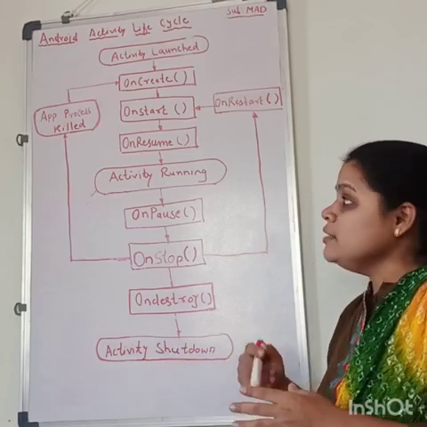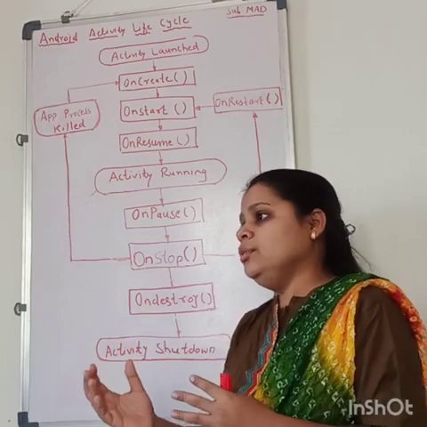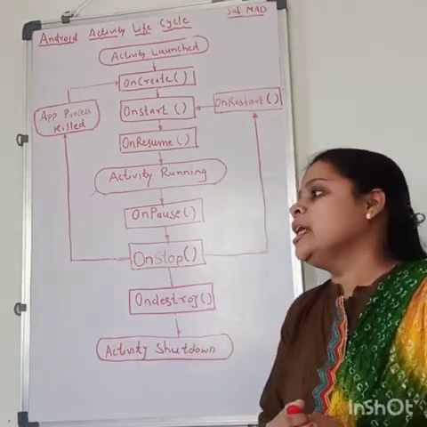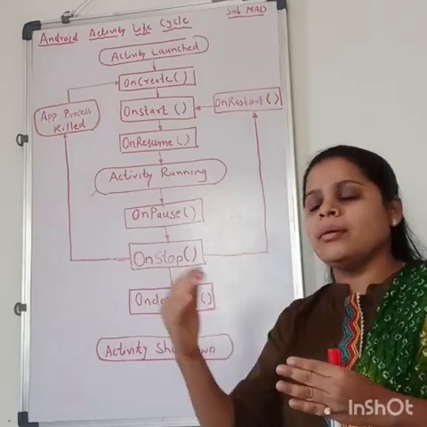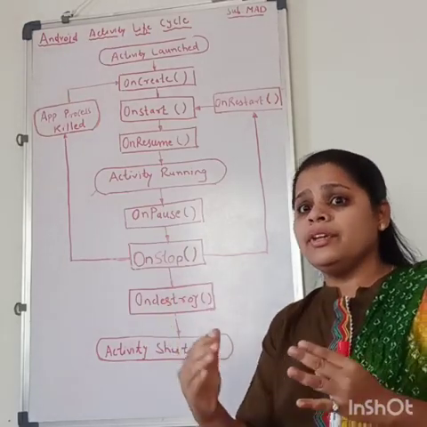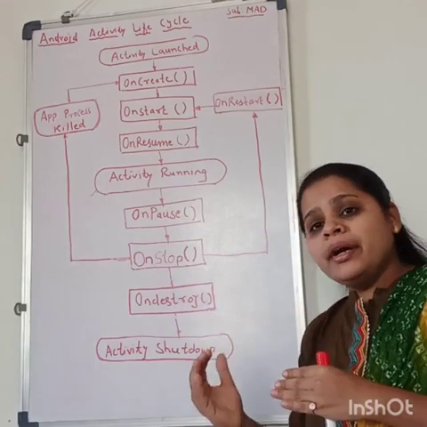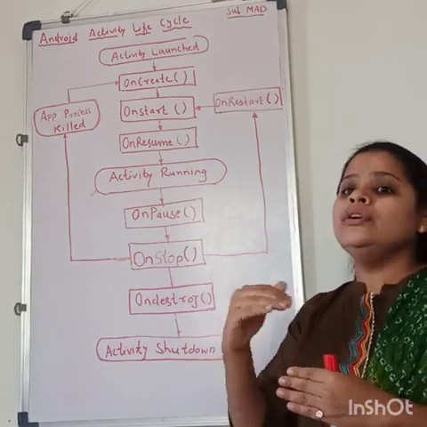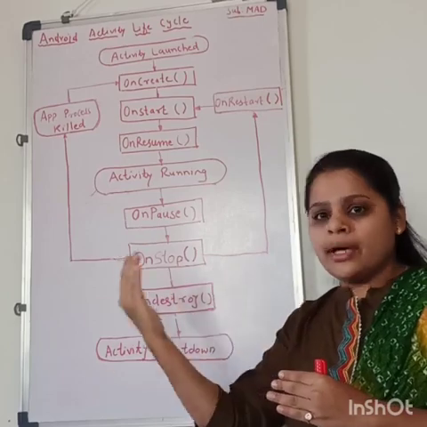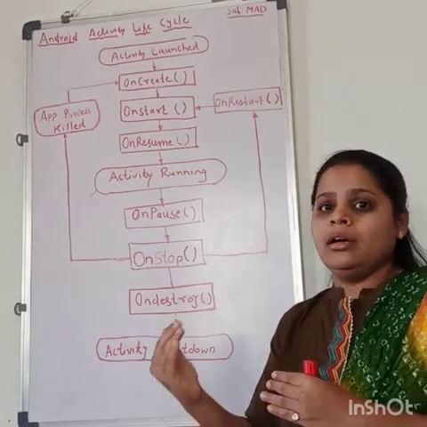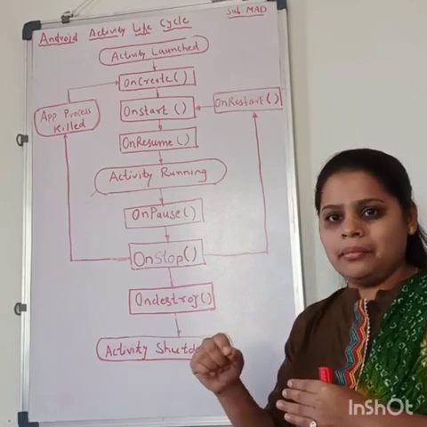Okay. In some cases, what happens, you are using the activity, you have minimized it, and you switch to some other activity. Now that other activity needs lots of RAM. In that case, your operating system will forcefully kill your activity. If a new application needs more memory, then your OS will kill your activities that are minimized.